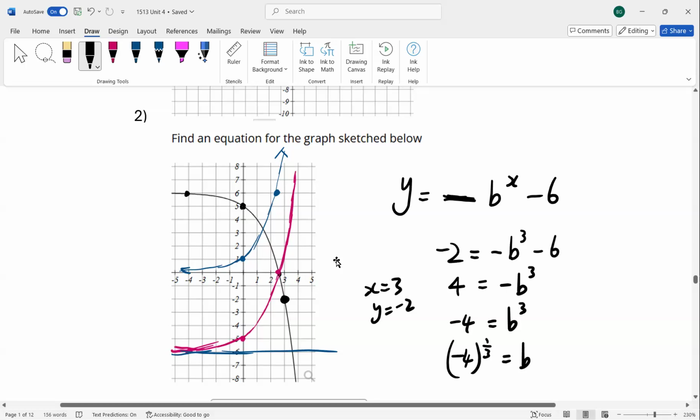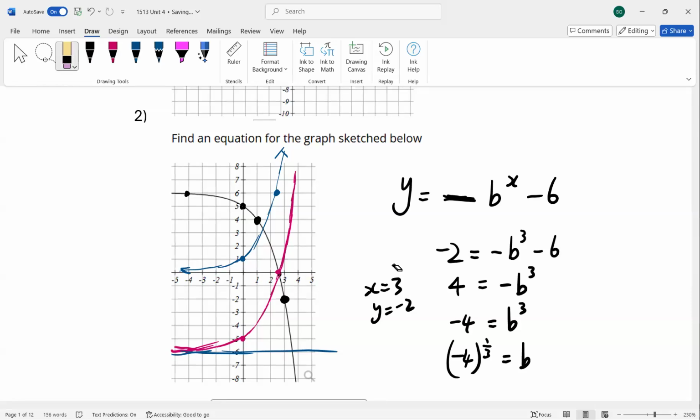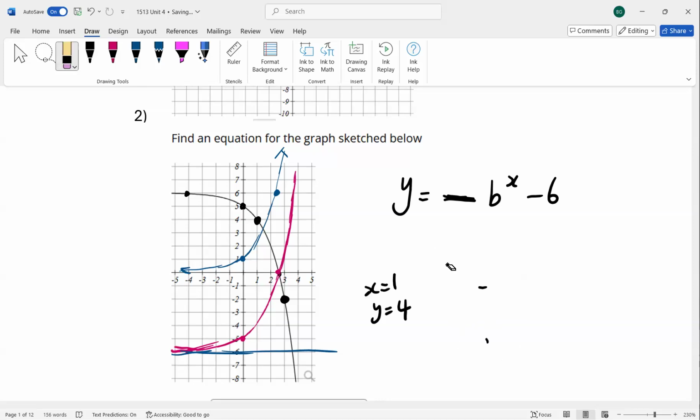We also have this point I notice. That is 1, 4. 1, 4 is better for sure. 4, 1.